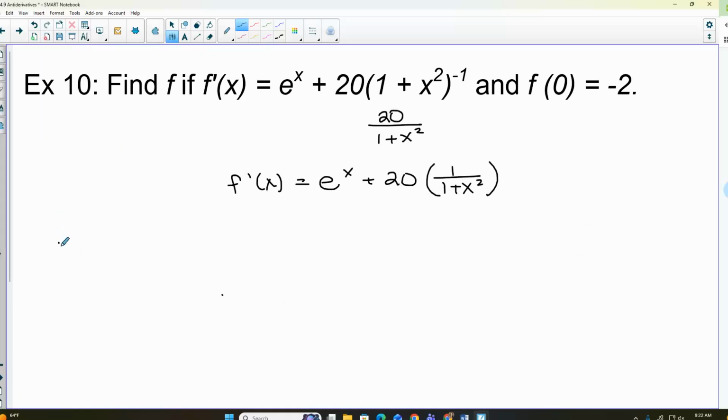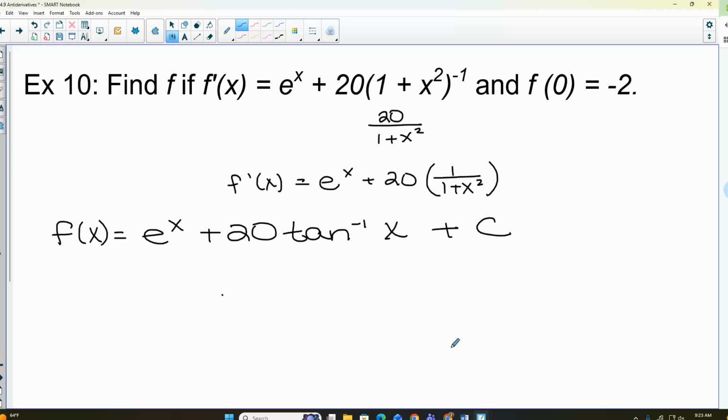Okay, so my antiderivative. What has a derivative of e to the x? E to the x, plus 20. And what has a derivative of 1 over 1 plus x squared? Tangent inverse of x, plus c. All right.